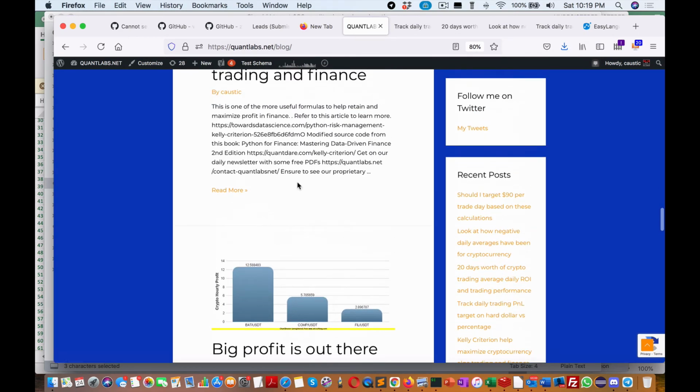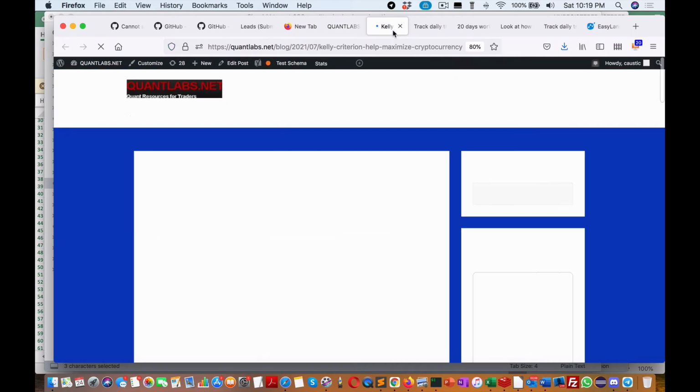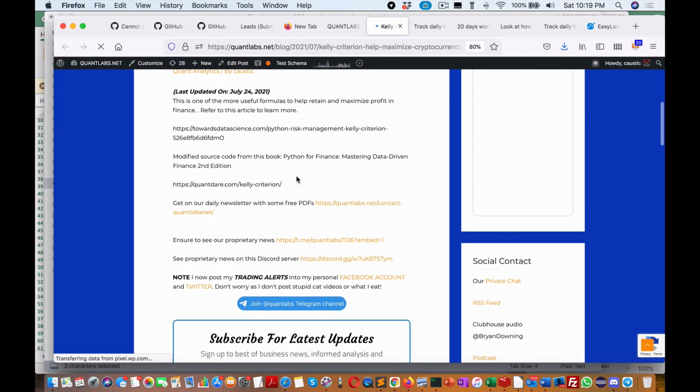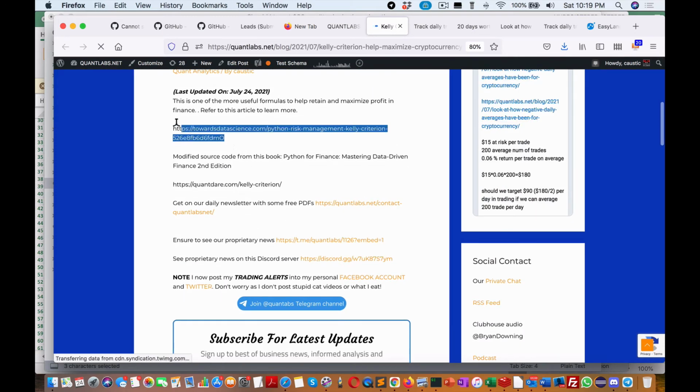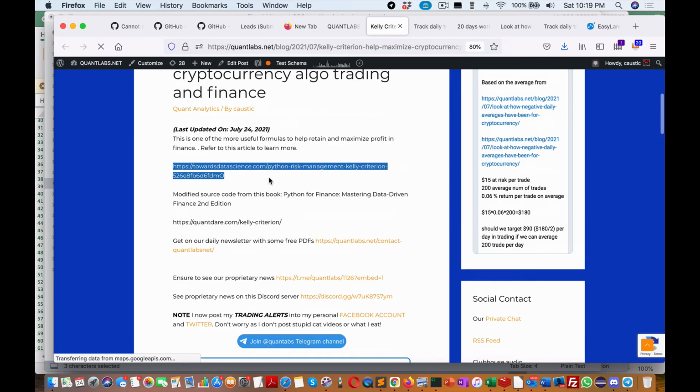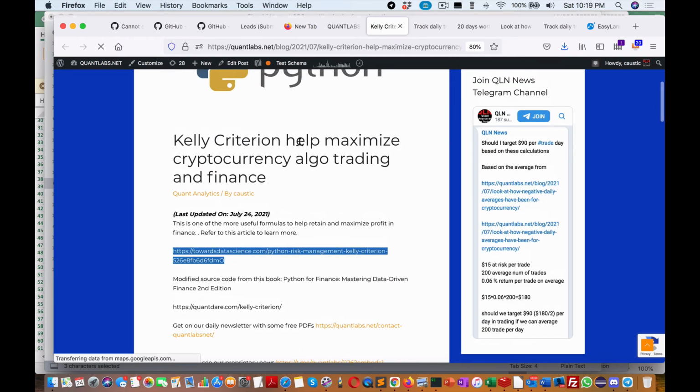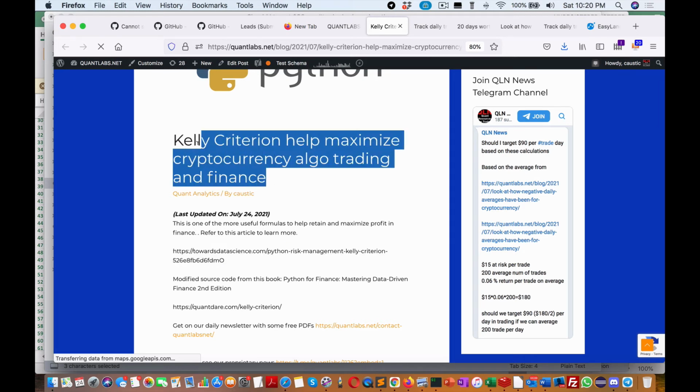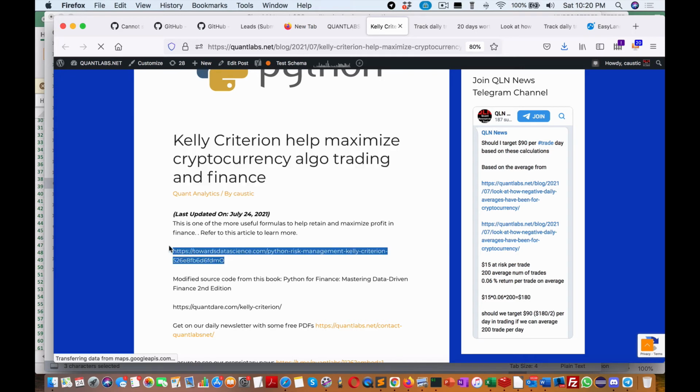I haven't really talked about this much, but there's an article here that did this exact same formula on Towards Data Science. This article you want to look for on my blog is called Kelly Criterion, Help Maximize Cryptocurrency, Algo Trading, and Finance.